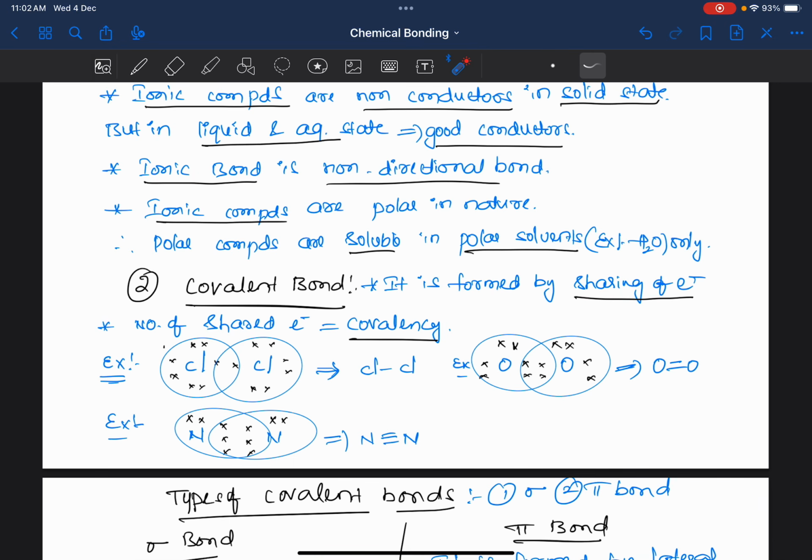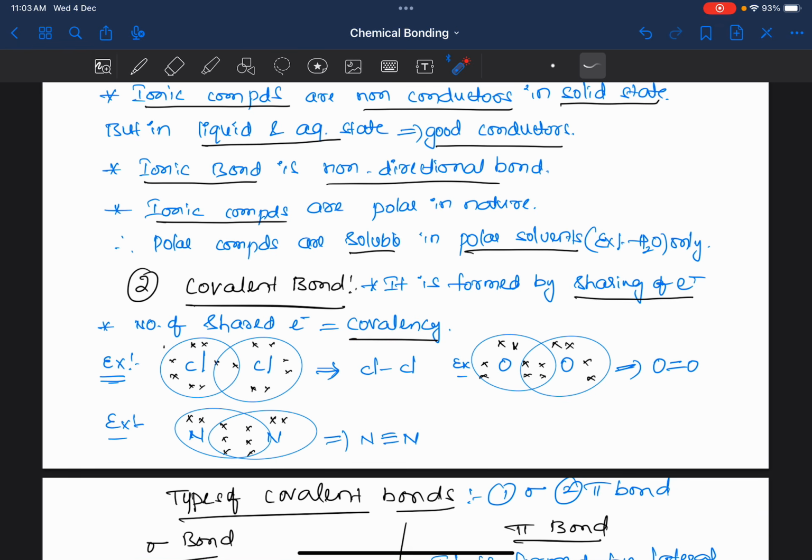For getting more stability, some atoms lose electrons, some atoms gain electrons, and some atoms share electrons. If the electrons are shared with each other, then a covalent bond is formed. The number of shared electrons from the atom is called its covalency.